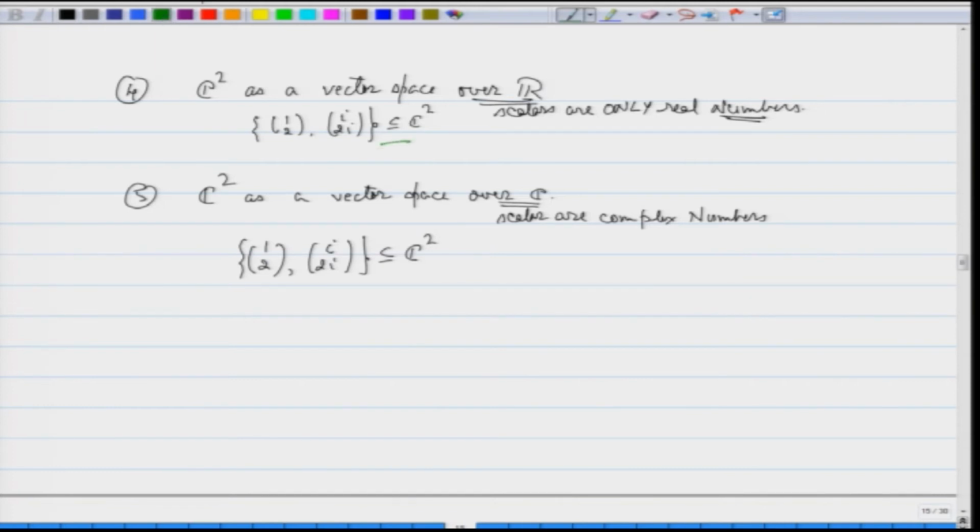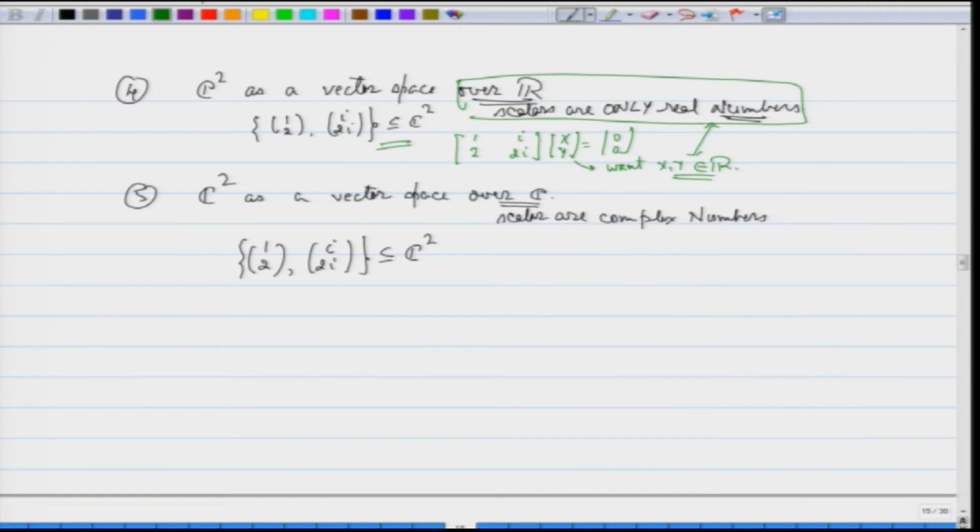So, in the first case I want to look at this matrix 1, 2, i and 2i. Let us look at x y equal to 0, 0. I want x and y belonging to R. That is important because scalars are real numbers. So, therefore, I am only allowed to take x, y belonging to R.